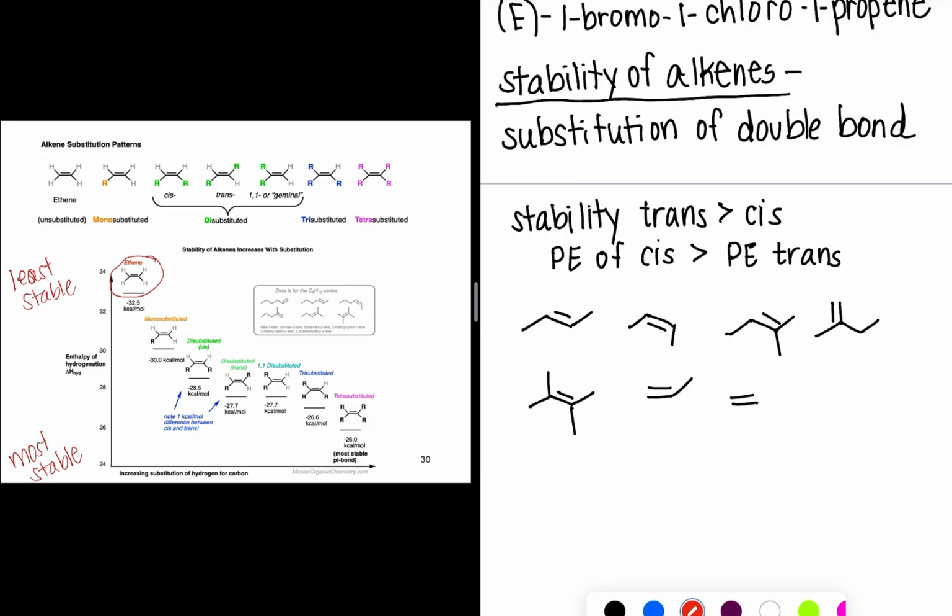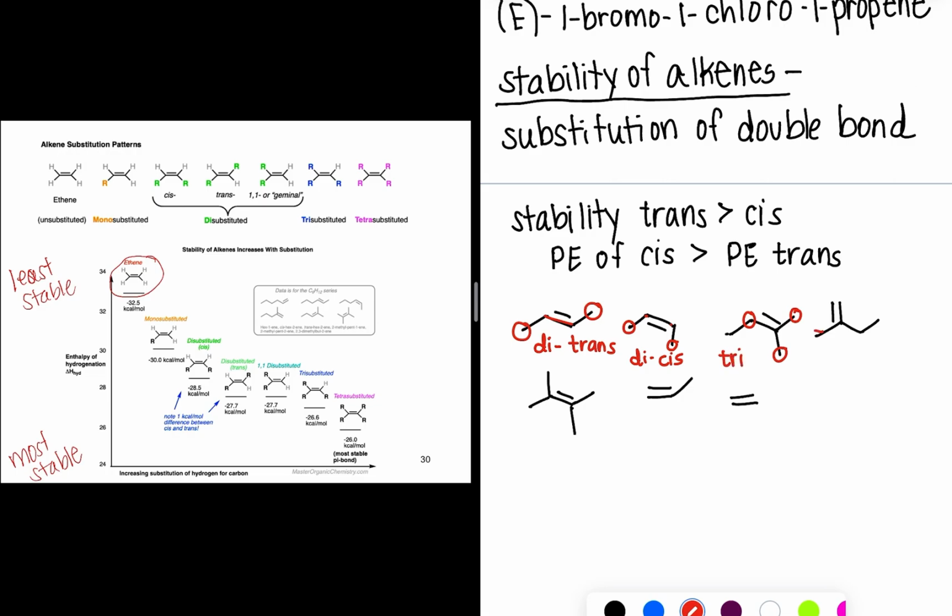What you want to do is label them. When I'm thinking about the substitution, I'm looking at how many carbon groups I have attached directly to the double bond. This is a disubstituted trans. This is also, I have 2 groups attached. This is a disubstituted cis. Next one is a 1, 2, 3 trisubstituted.